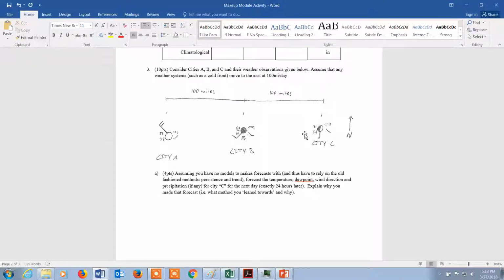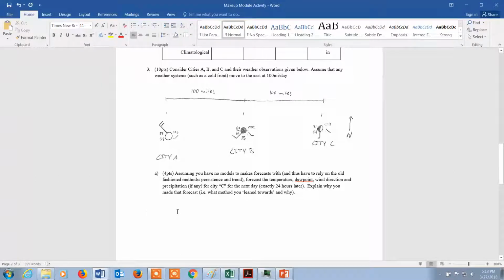Now, what kind of a technique is this? Well, we're not using any climatological averages here, so climatological is out. And weather conditions aren't staying the same. Why? Because everything's moving. So persistence is out too.